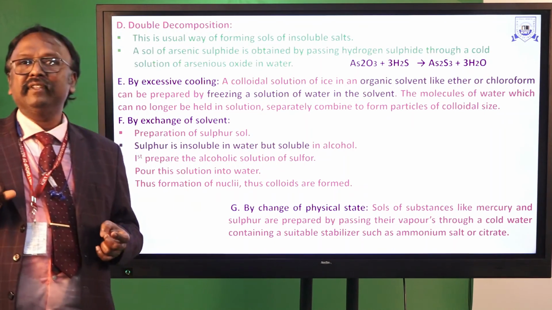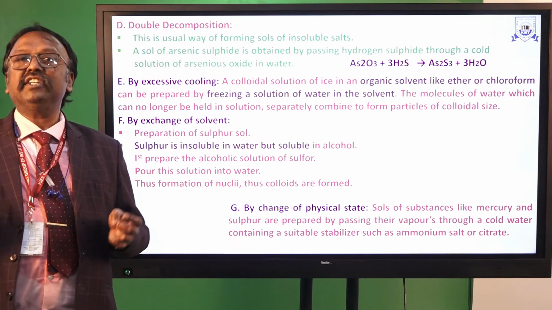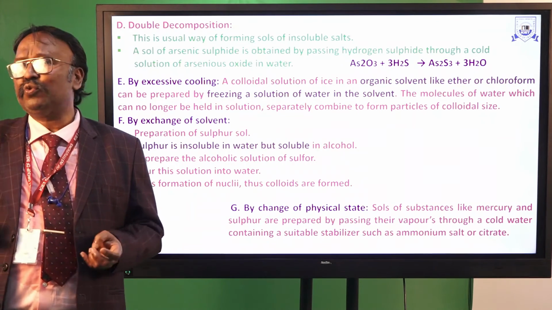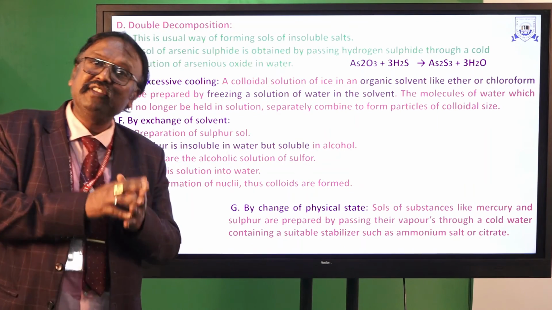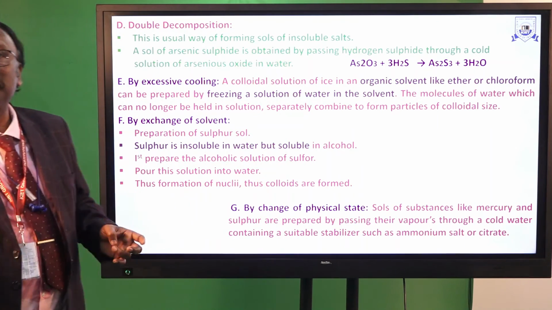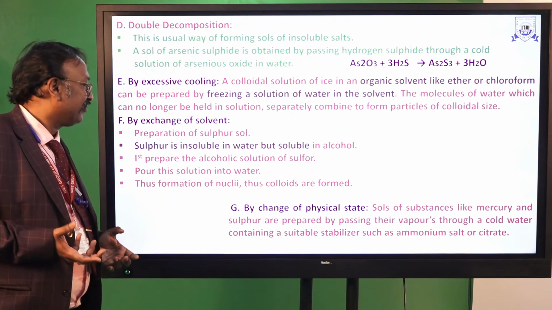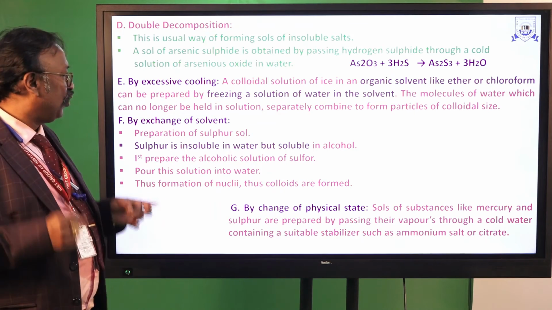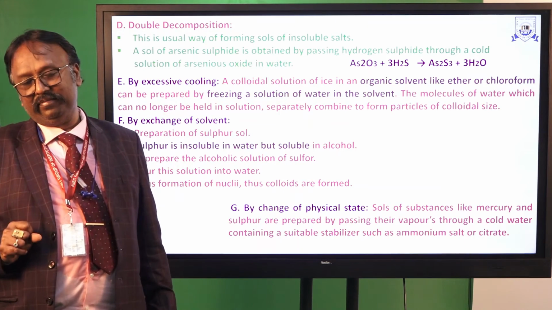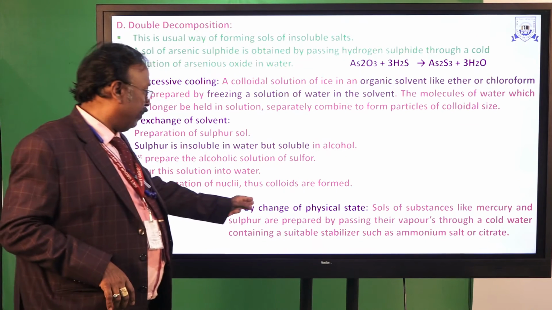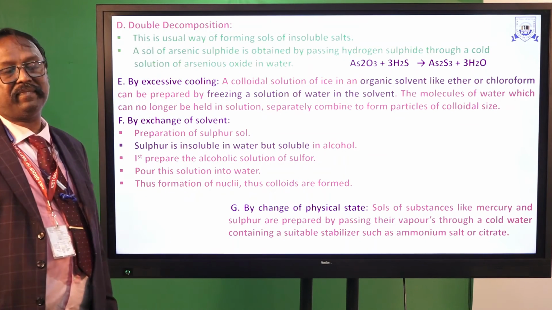First you take sulfur and dissolve it in alcohol. You know alcohol is easily miscible with water. After properly dissolving the sulfur in alcohol, this alcohol is mixed with water. Then immediately nuclei form, and thus the colloids are formed.